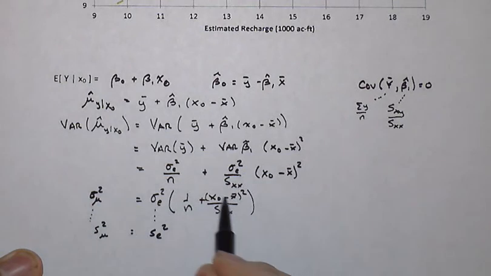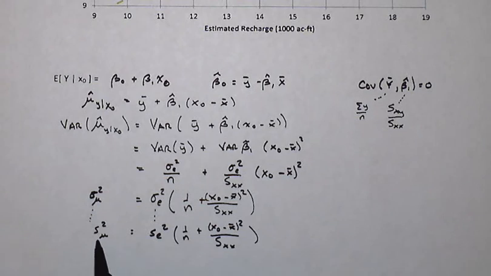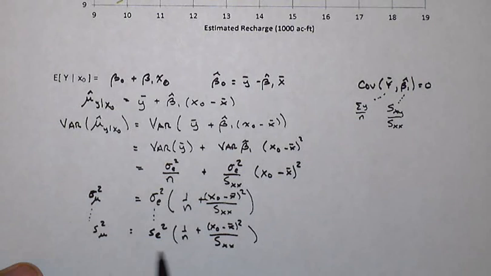This is all just functions of x, and we've already calculated this. Of course, if we want the standard deviation, we just take the square root of all of this.